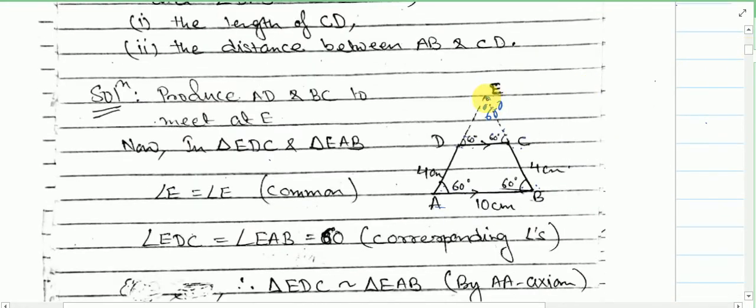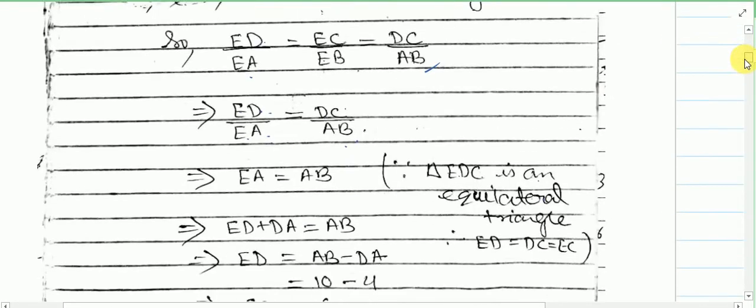Clear? Yes. So here I am trying to say that ED is equal to EC. Therefore EA is equal to AB, and your EA is ED plus DA. So ED will be equal to AB minus DA, that means 10 minus 4, 6 centimeter. ED is coming 6 centimeter.